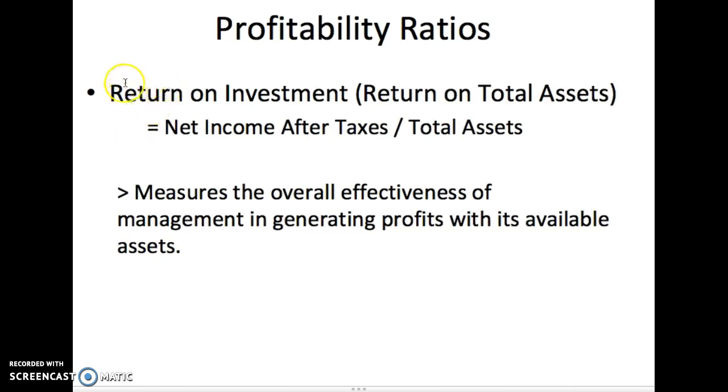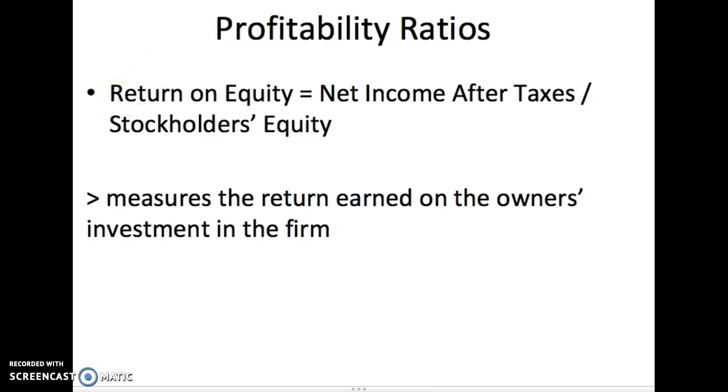Let's say if you have a profitability ratio that has the word return in the beginning, let's say return on investment, or in this case, return on equity, notice that the numerator would always be net income after taxes. Just a tip, since in the long test, you cannot bring a cheat sheet. So you have to memorize all of the formulas before the long test.